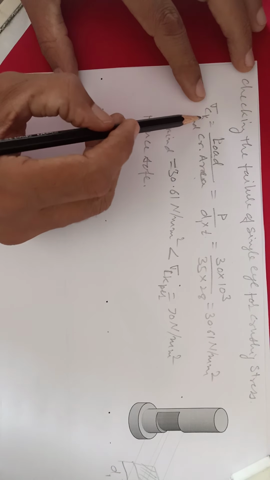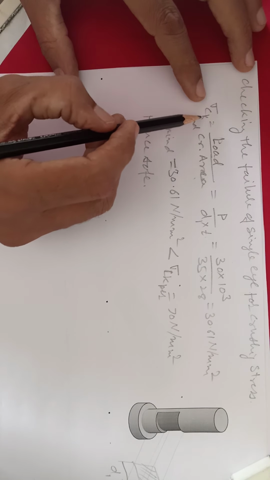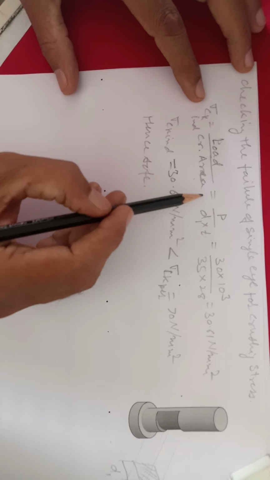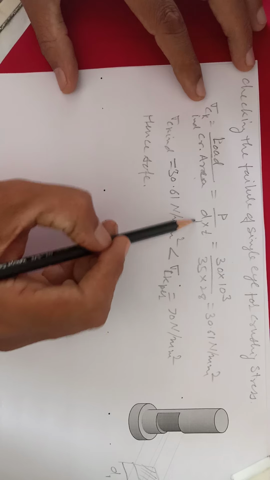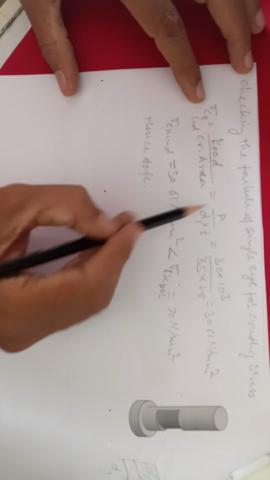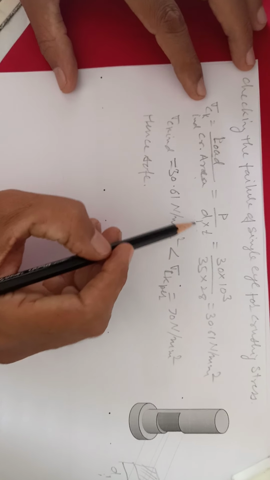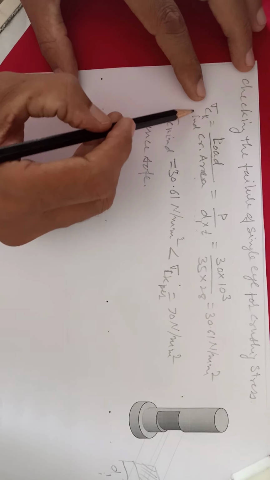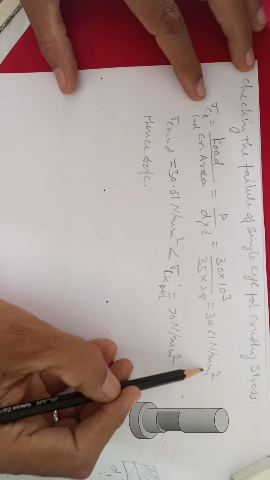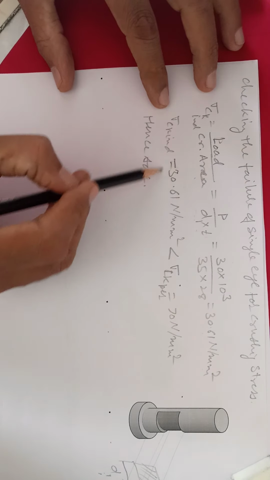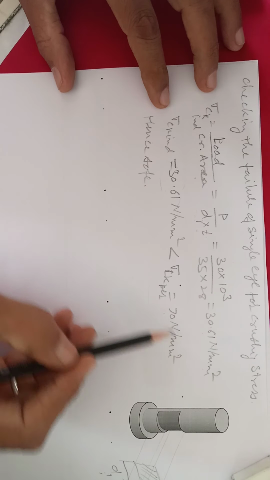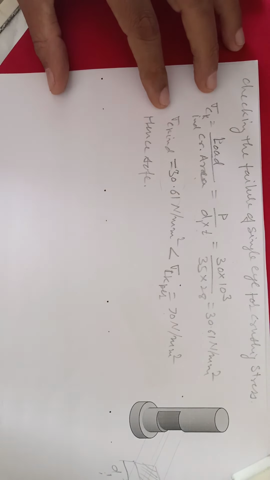So the strength equation is sigma ck, sigma crushing, is equal to load upon crushing area, that is equal to P upon d1 into t. This is the crushing area. Now putting the values of load, d1 and t, we will get sigma crushing induced is equal to 30.61 Newton per mm square. The value of this crushing stress is less than the permissible value of the crushing stress. Hence it is safe.